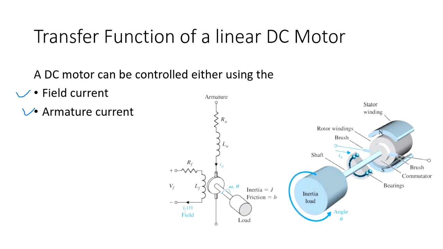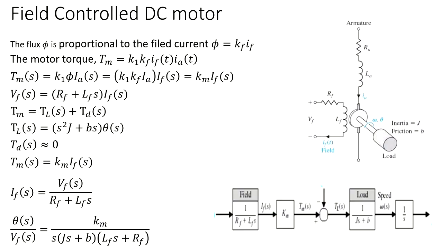We have the armature resistance, inductance, the current, and then a conversion to rotational force, where you have the inertia and friction, angular velocity, and angular displacement. Don't worry about these equations. They look too long, but don't worry.